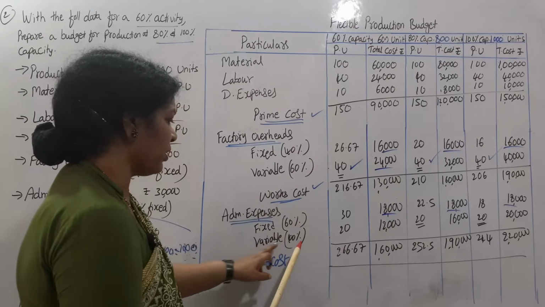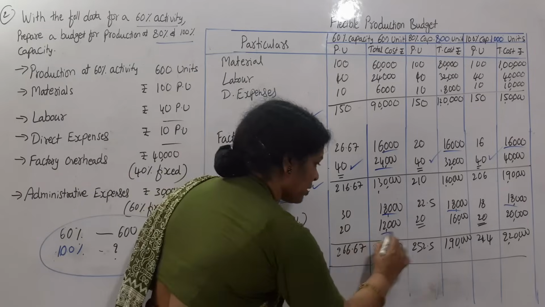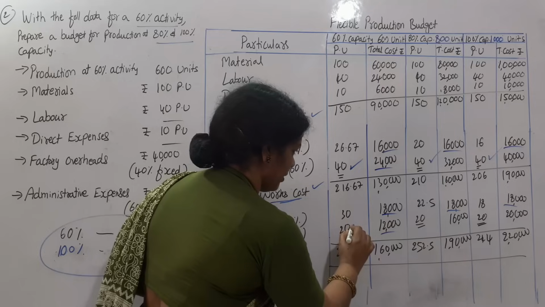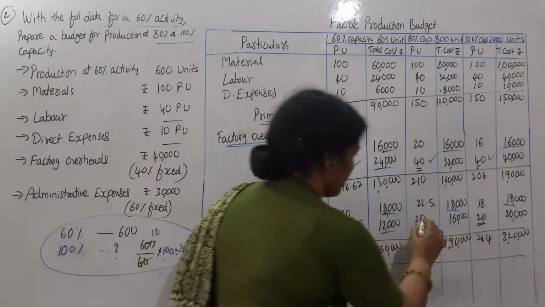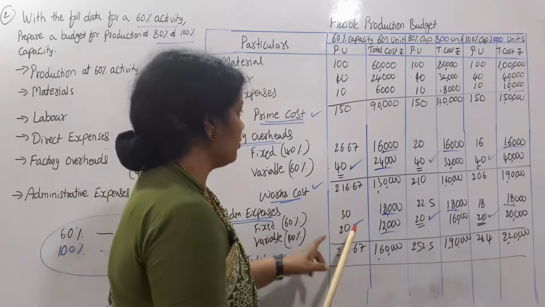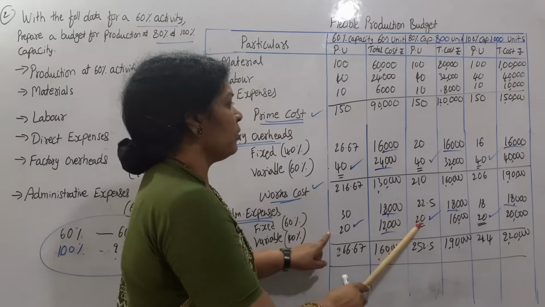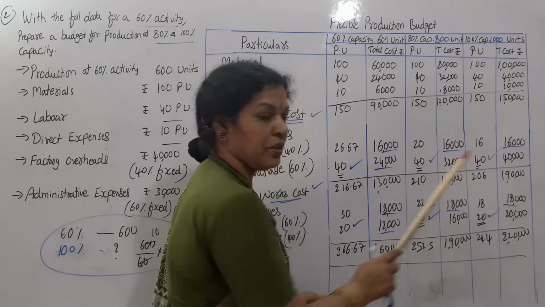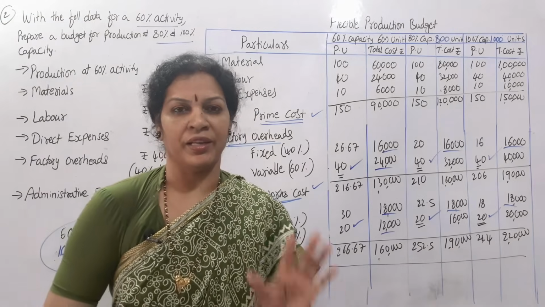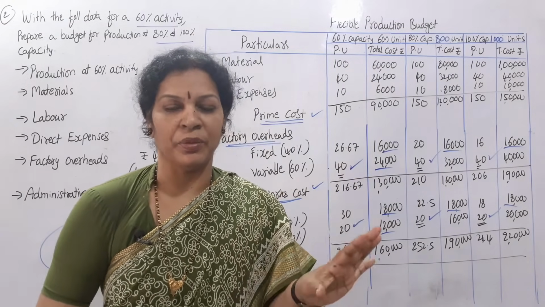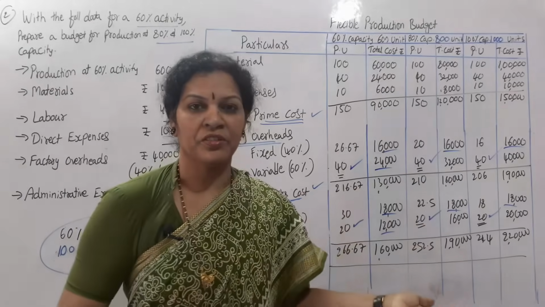Variable cost is 40%, which comes to 12,000. 12,000 divided by 600, 20. The same 20 we write everywhere. The calculation is 20 into 600, 12,000, 20 into 800, 16,000, 20 into 1,000, 20,000. Simple calculations. If you understand these calculations and the pro forma, just total up, that's it.